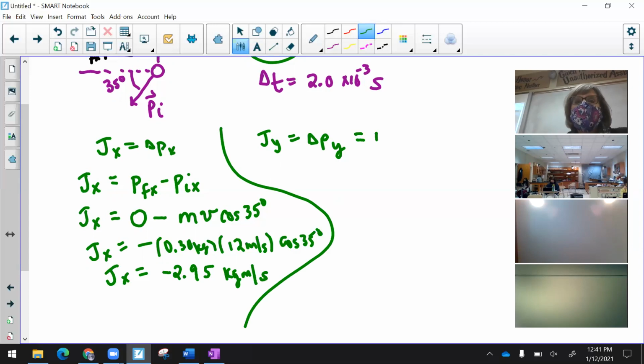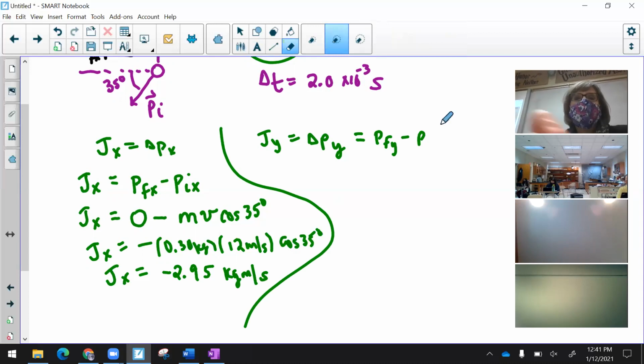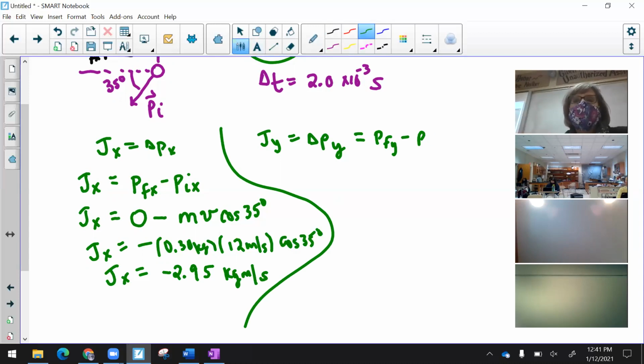So again, that's going to be P final y minus P initial y. What's P final y going to be? Or how do I write it?